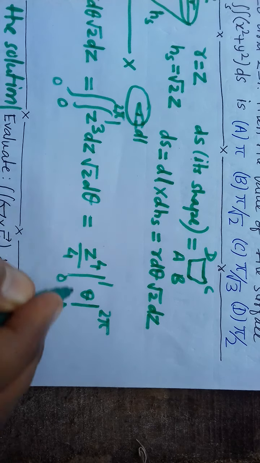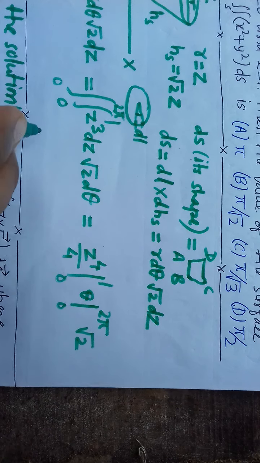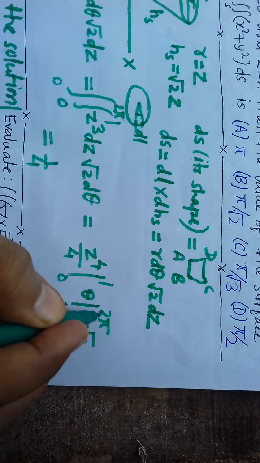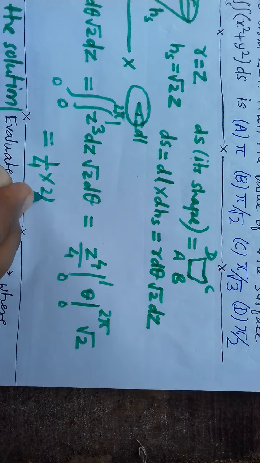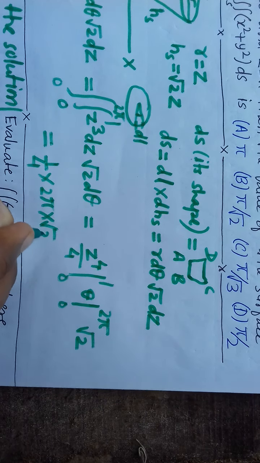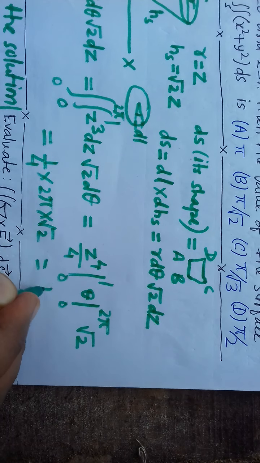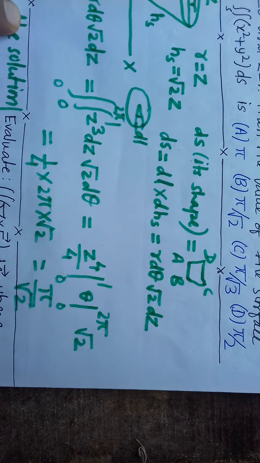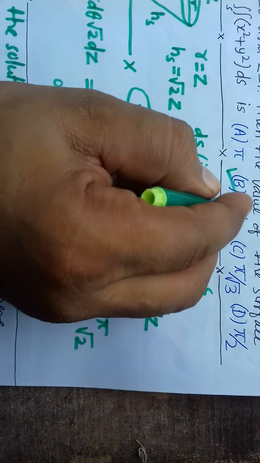There is an additional root 2. So this will be 1 by 4, this will be theta 2 pi, here root 2. Calculating this, we will get pi by root 2. So our correct option will be B, pi by root 2.